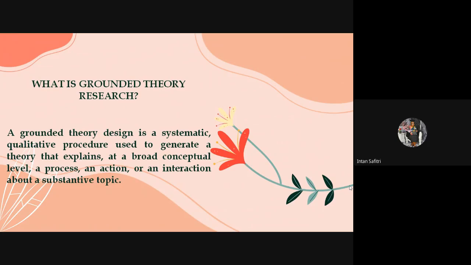It means this theory is a process theory that explains an educational process of events, activities, actions, and interactions that occur over time. Next, please.